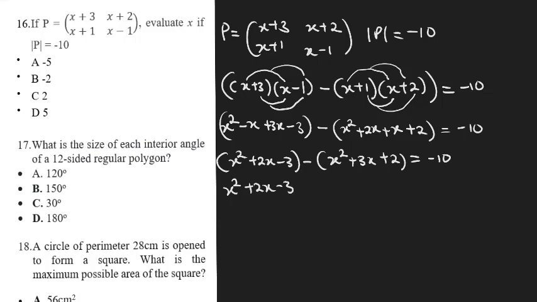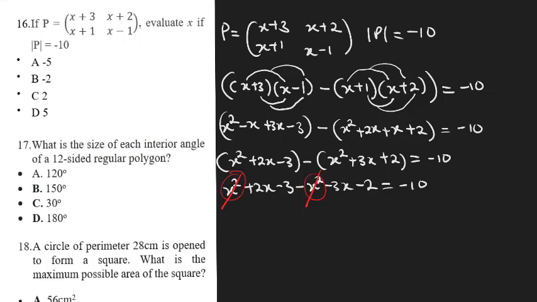So minus times x squared is minus x squared. Then minus times 3x is minus 3x. Then minus times 2 is minus 2. Now equals minus 10. Is there anything that can cancel? Yes, because x squared here minus x squared is 0, because one is positive and one is negative.